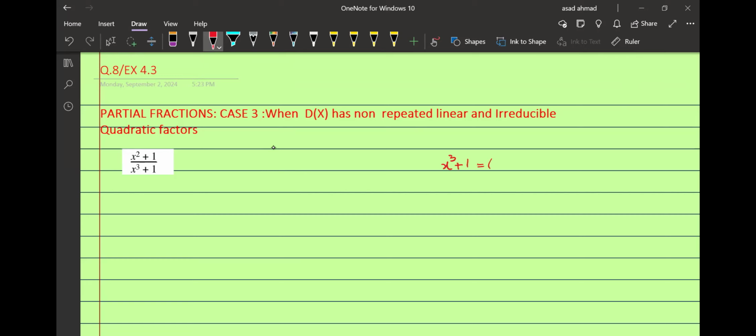We will first convert it in the form of a sum of cubes, and we have already learned a formula, that is x plus 1, x square minus x plus 1. If you want to recall the formula, that was a cubed plus b cubed equals a plus b, a square minus ab plus b square.